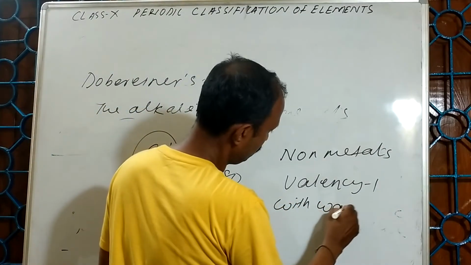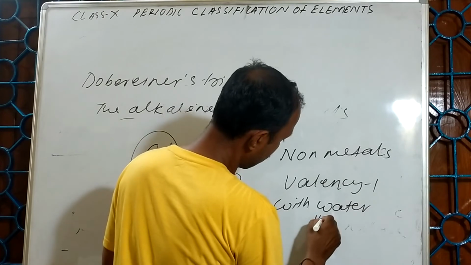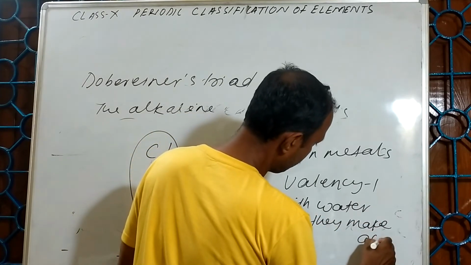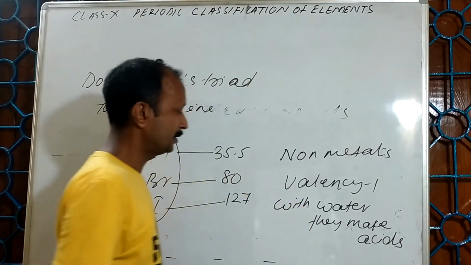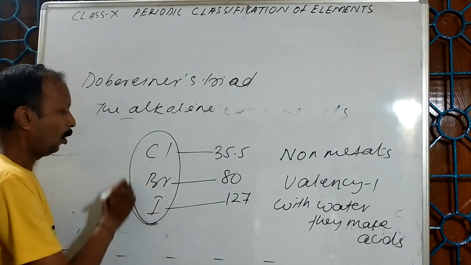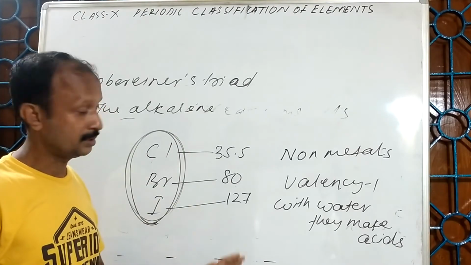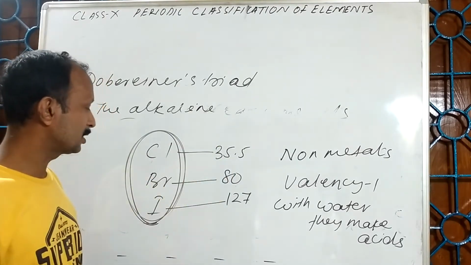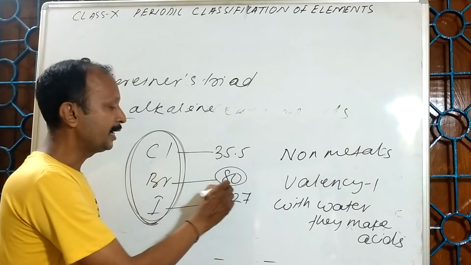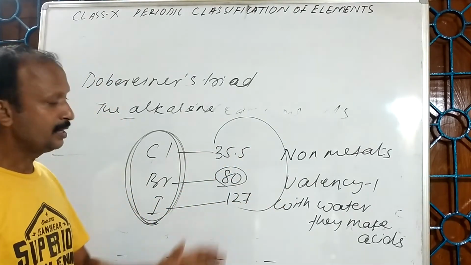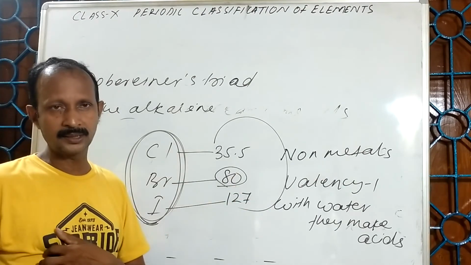That means all have similar properties, and the atomic mass of the middle element is roughly equal to the arithmetic mean of the remaining two elements.